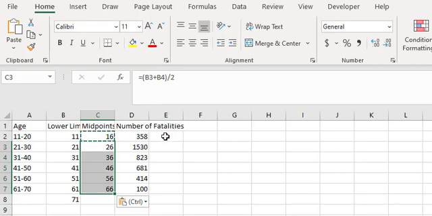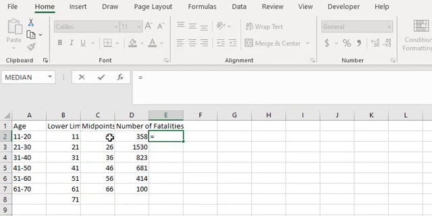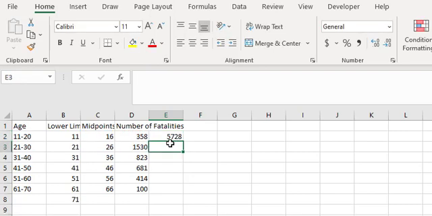Now I'm going to multiply the midpoint and the frequency. So this column, I'm going to enter this as a formula. So 16 times 368, then press enter.